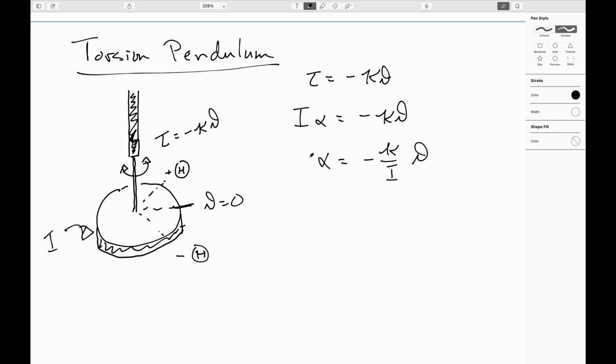Remember, the angular acceleration is the time rate of change of angular velocity, and angular velocity is the time rate of change of angular position. So the angular acceleration here has the exact same mathematical relationship with theta as a did with x when we were looking at masses on a spring.